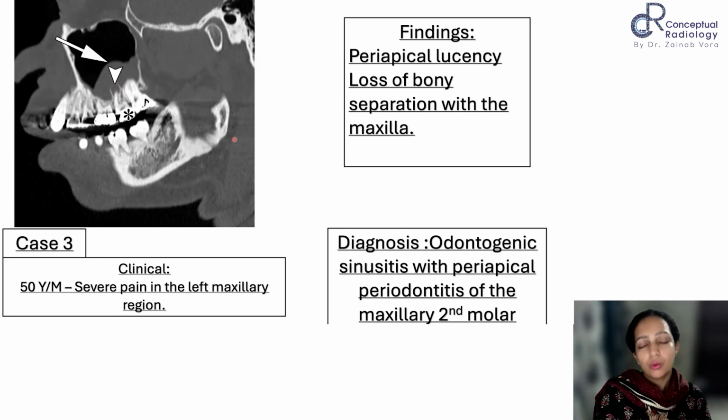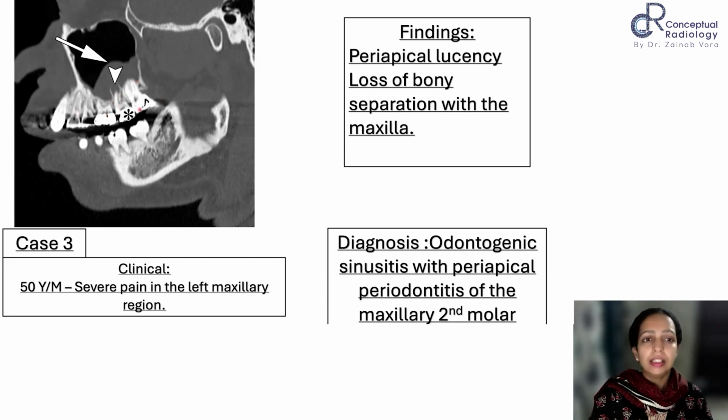So this is odontogenic sinusitis, and it is associated with periodontitis, which is the inflammation of the associated soft tissue adjacent to the tooth. That tissue is called the periodontium, and its inflammation is called periodontitis, right? So this is odontogenic sinusitis with periapical periodontitis of the maxillary second molar.